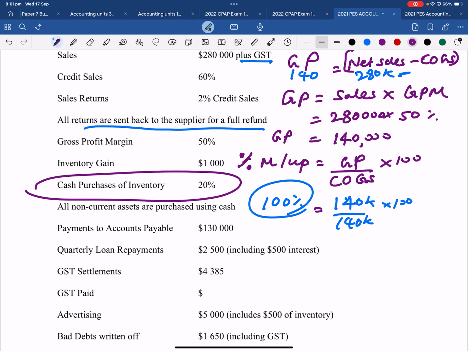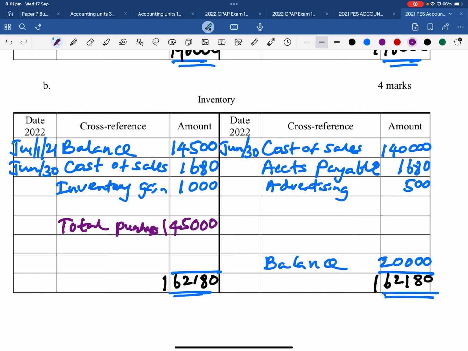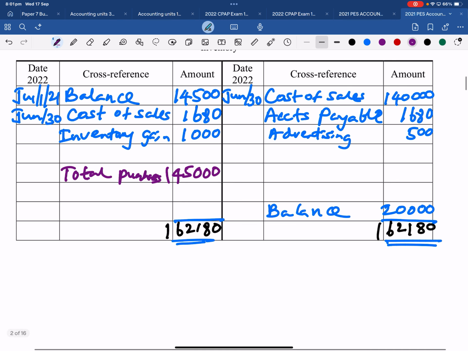That means we found the total purchases, yes? From that 20% is cash. Meaning, what do we do, guys? 20% we are going to write as bank. 20% of this one is going to be how much? 29,000, yes? 29,000.